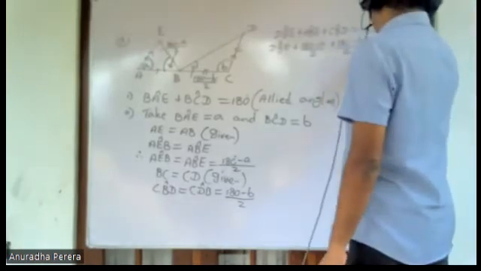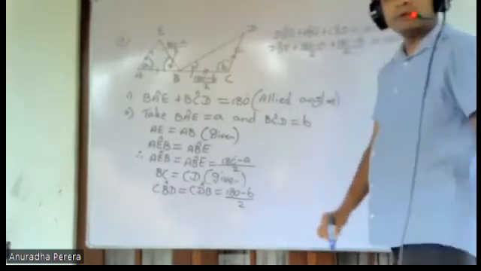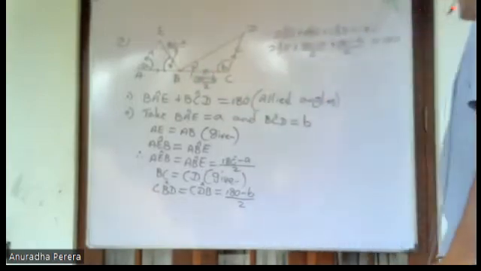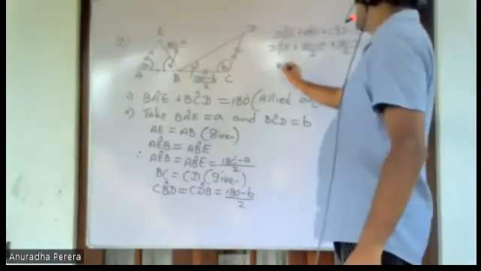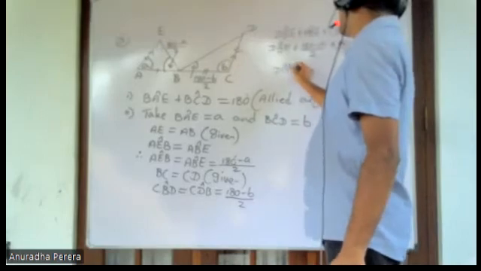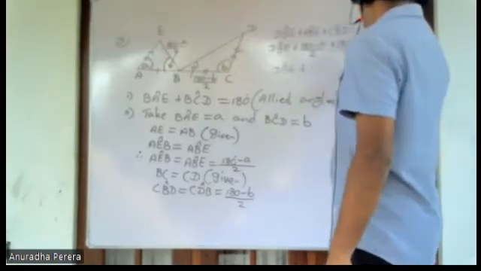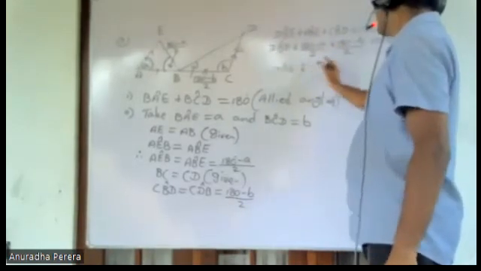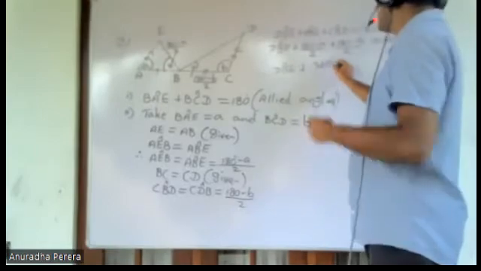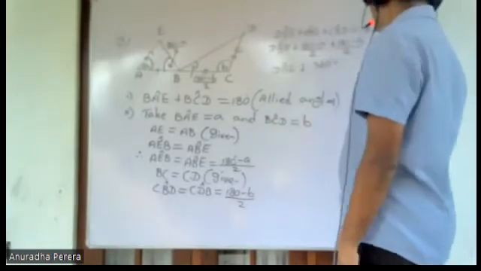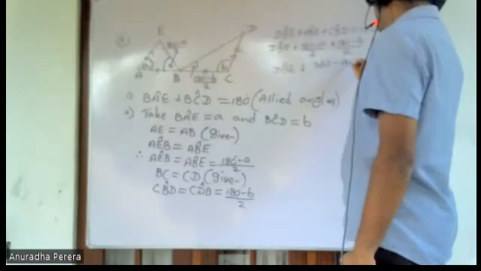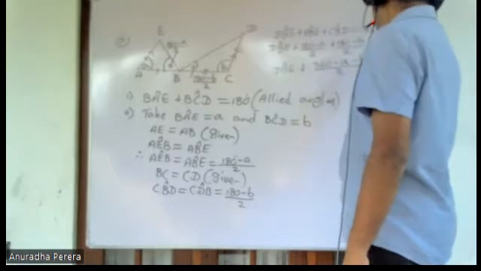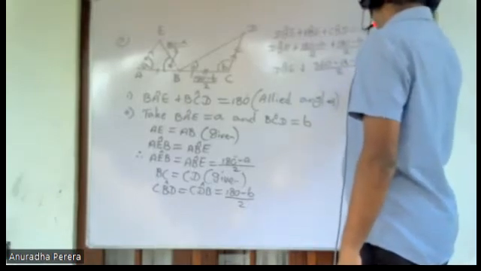Equals 180, the sum of these three. You can simplify this. DBE plus, with a common denominator, 180 plus 180 means 360, minus A minus B, over 2 equals 180.